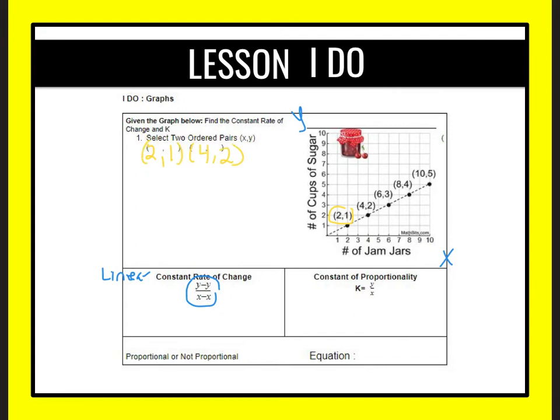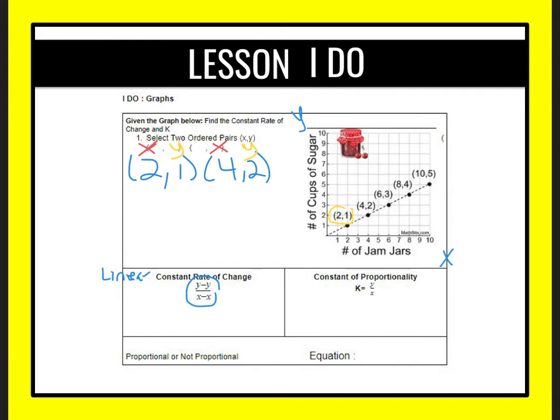And you know what? Let me change my colors on this for a specific reason. So, again, I have ordered pair 2, 1, ordered pair 4, 2. They were so nice to give me that. Label your domain values as x, as we've been doing with our functions.